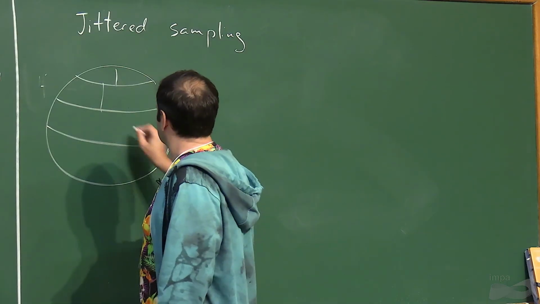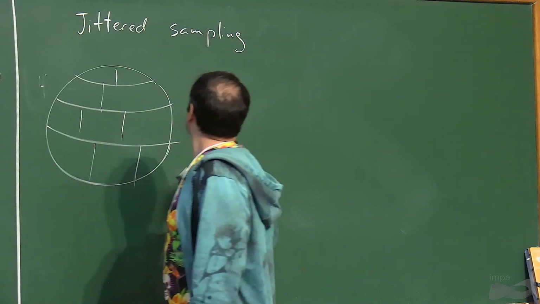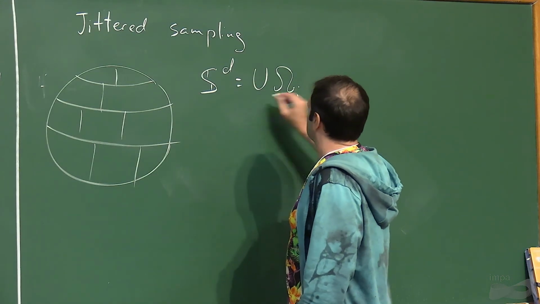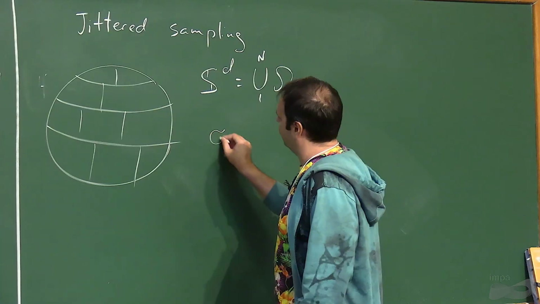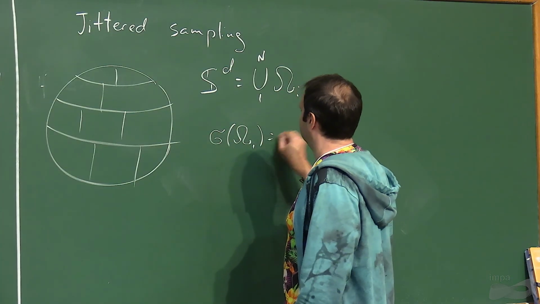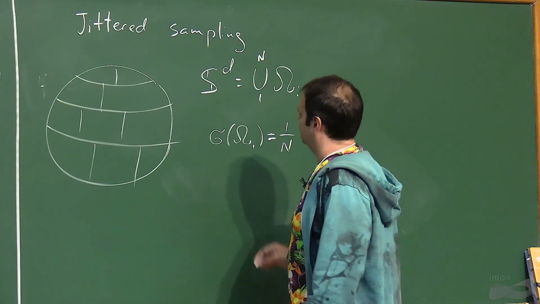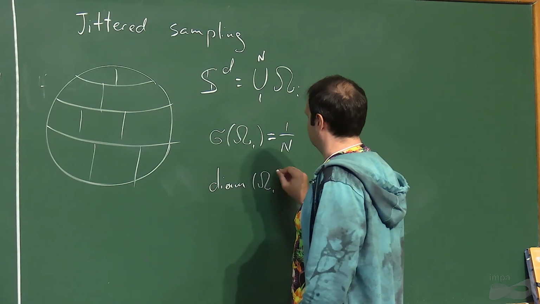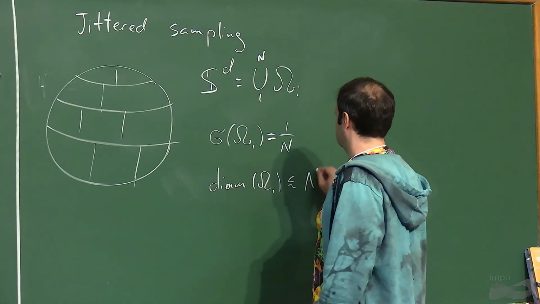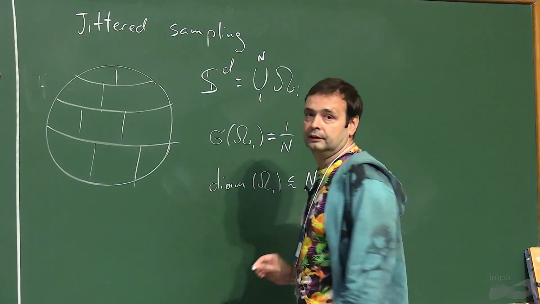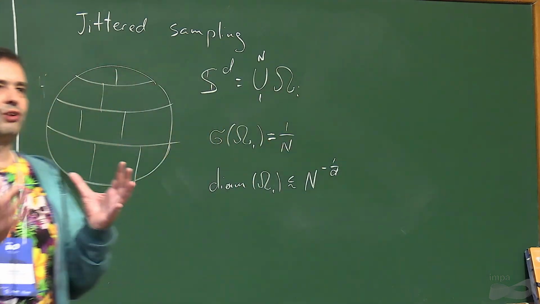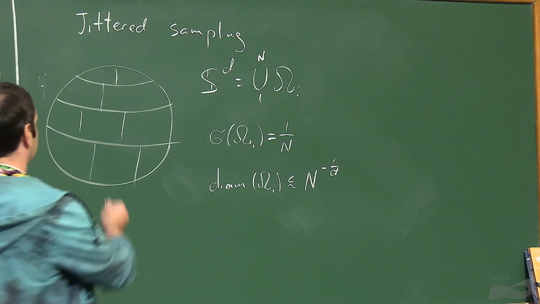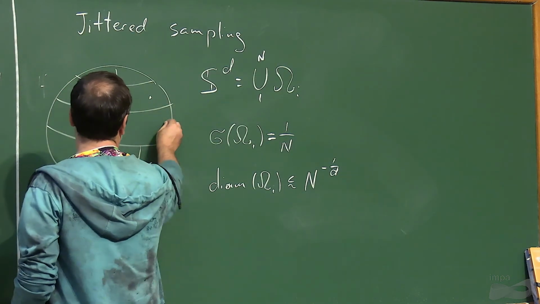So you take a so-called regular equal area partition, where all pieces have exactly the same area, and their diameter is roughly the same as if these pieces were actually balls. So this would be n to the -1/d. So the pieces roughly all look the same and roughly all look like balls. And then you choose one random point independently, uniformly in each piece.